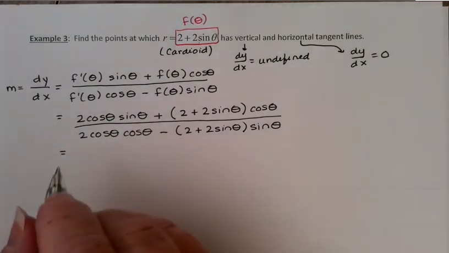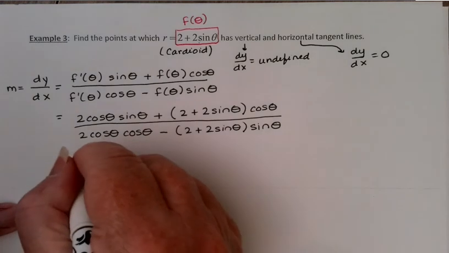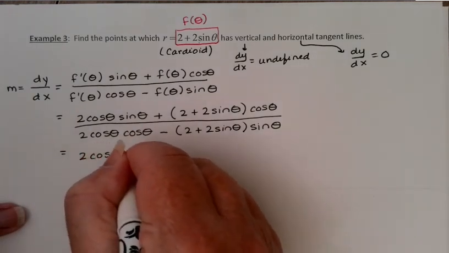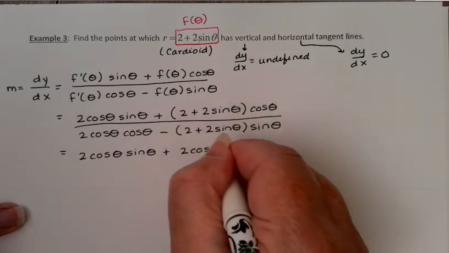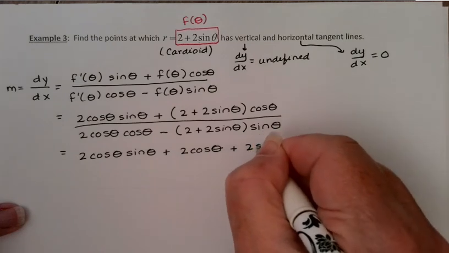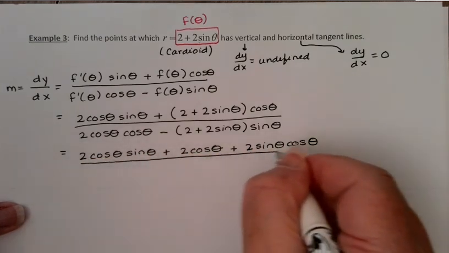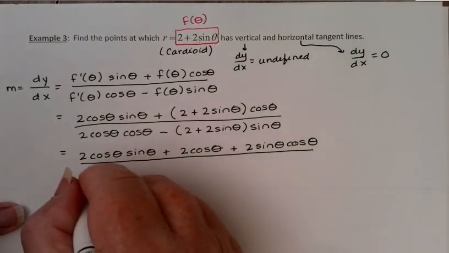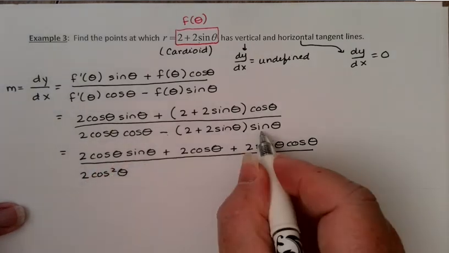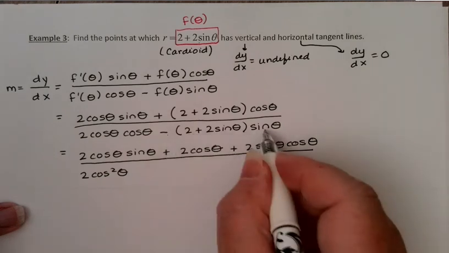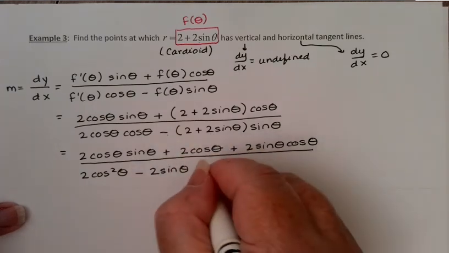Let's simplify that a little bit here. We've got, let's write it out, 2 cos theta sine theta. Distributing here, I'd have a plus 2 cos theta and a plus 2 sine theta cos theta. On the bottom, we've got 2 cos squared theta. Distributing both the negative sign and the sine, I would have a negative 2 sine theta and a negative 2 sine squared theta.